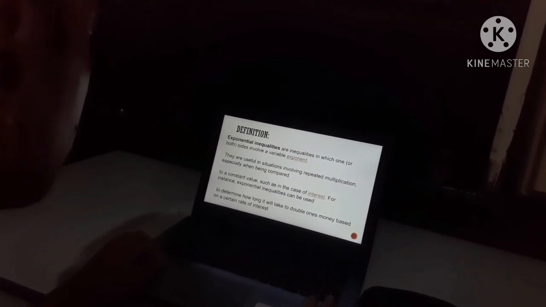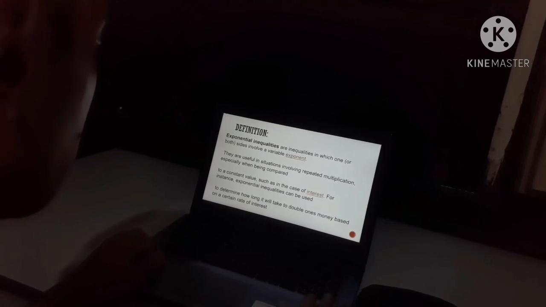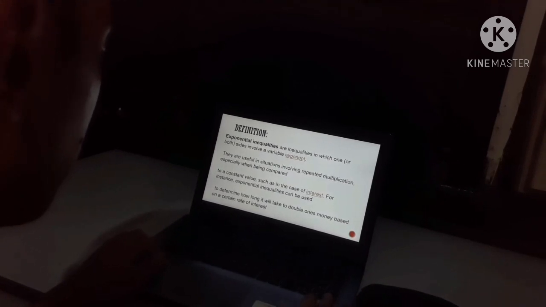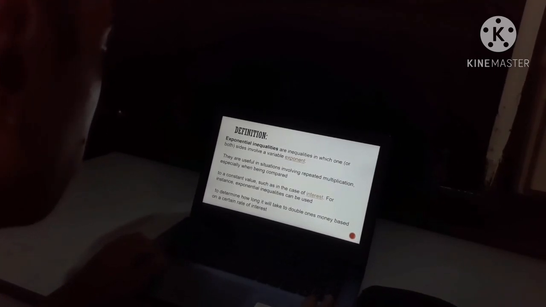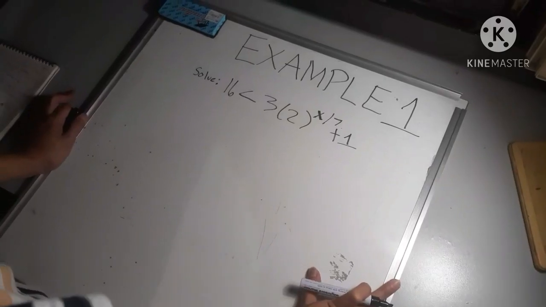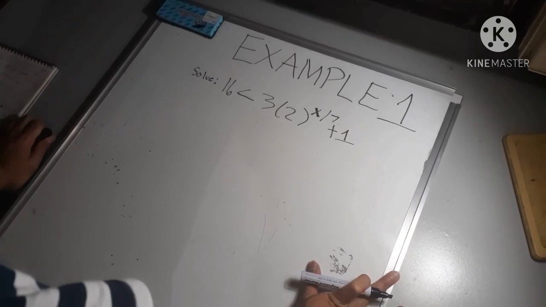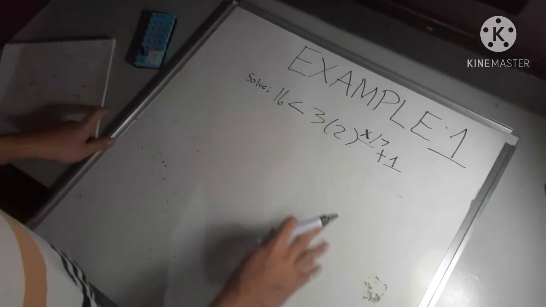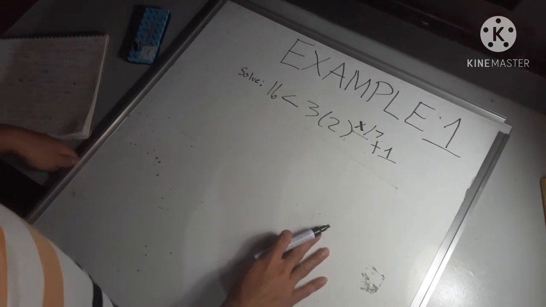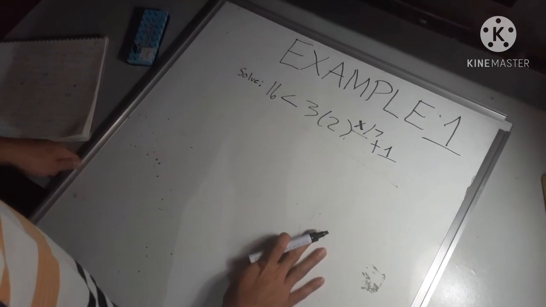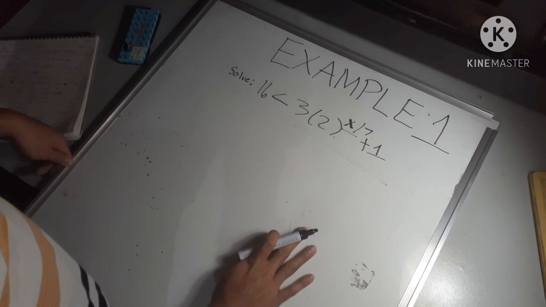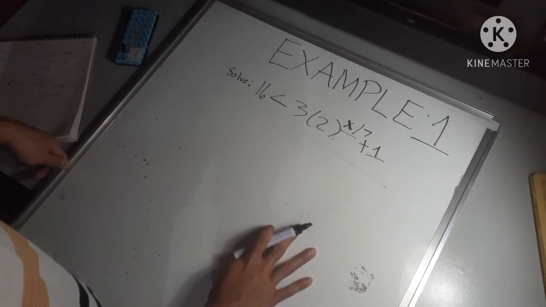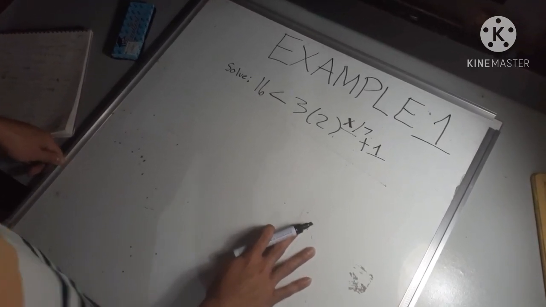For instance, exponential inequalities can be used to determine how long it will take to double one's money based on a certain rate of interest. So we have here an example of exponential inequalities. Example number 1. The first thing that we need to do is undo the operations backwards, which should be adding and subtracting.